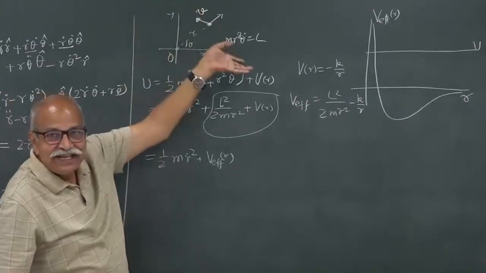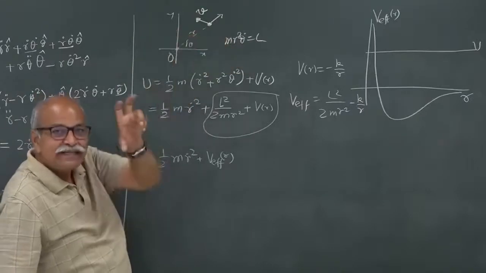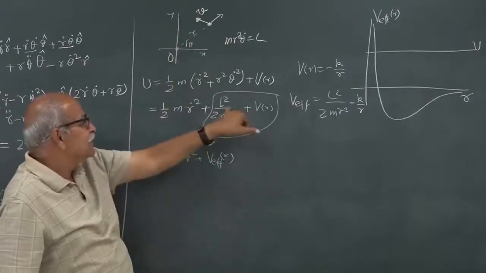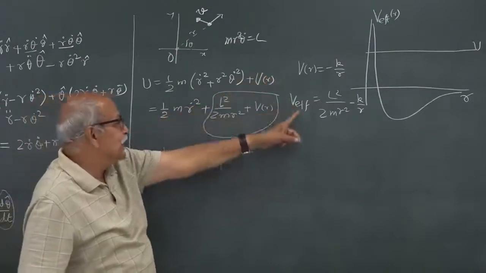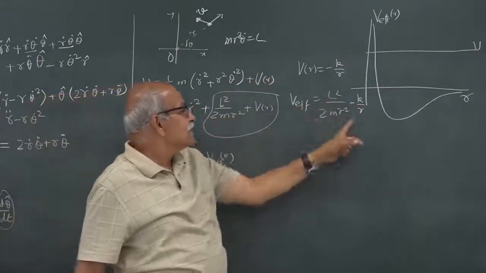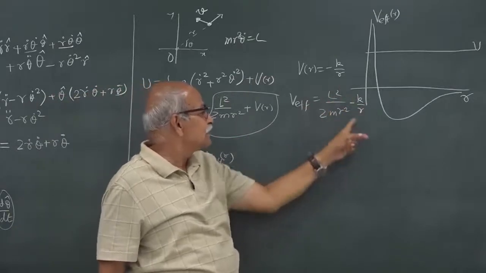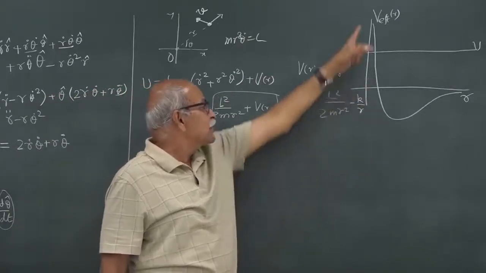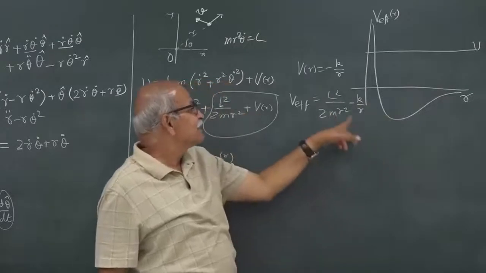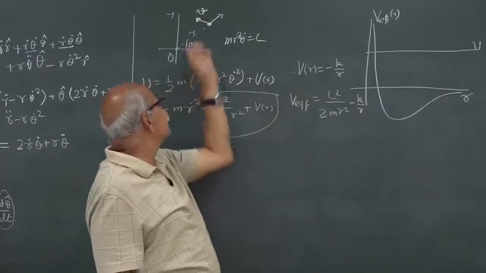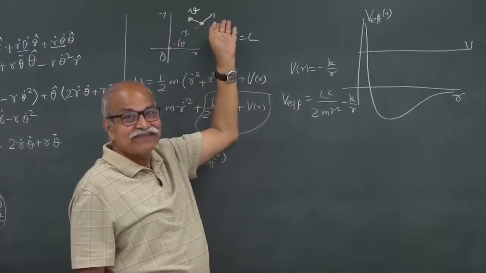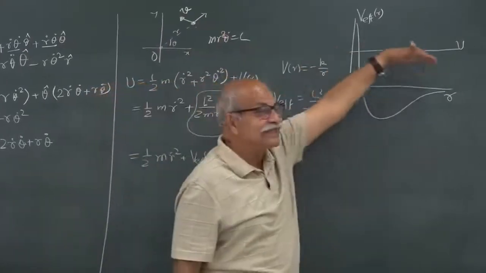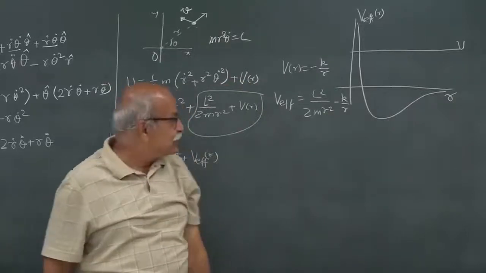So, initial conditions will tell me how much is the angular momentum L and how much is the total energy U. So, once L is known, then I can draw this, and once total energy is known, what is the kinetic energy here, what is the potential energy here, then I can draw this line. So, this is the situation.